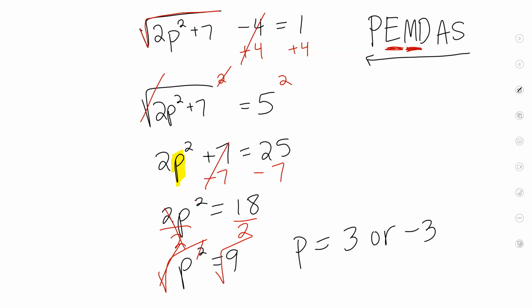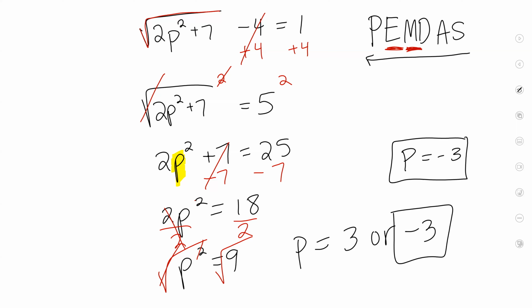The reason why is because 3 times 3 is 9, and also -3 times -3 is 9. So there's 2 answers, okay? The warm-up asked for the negative answer. So this one would have been your answer, okay? So your answer for today's warm-up is p equals -3 because they wanted the negative answer.